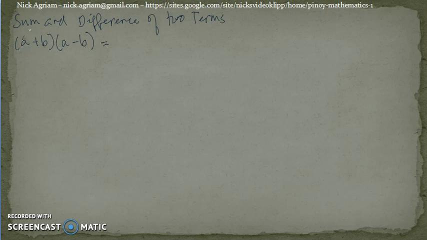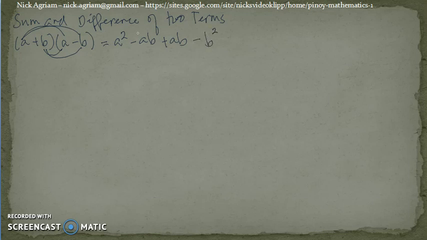Then we have A multiplied by A is A squared. And A multiplied by negative B is negative AB. We have B multiplied by A is also AB, but it is positive. And then we have positive B multiplied by negative B is negative B squared.